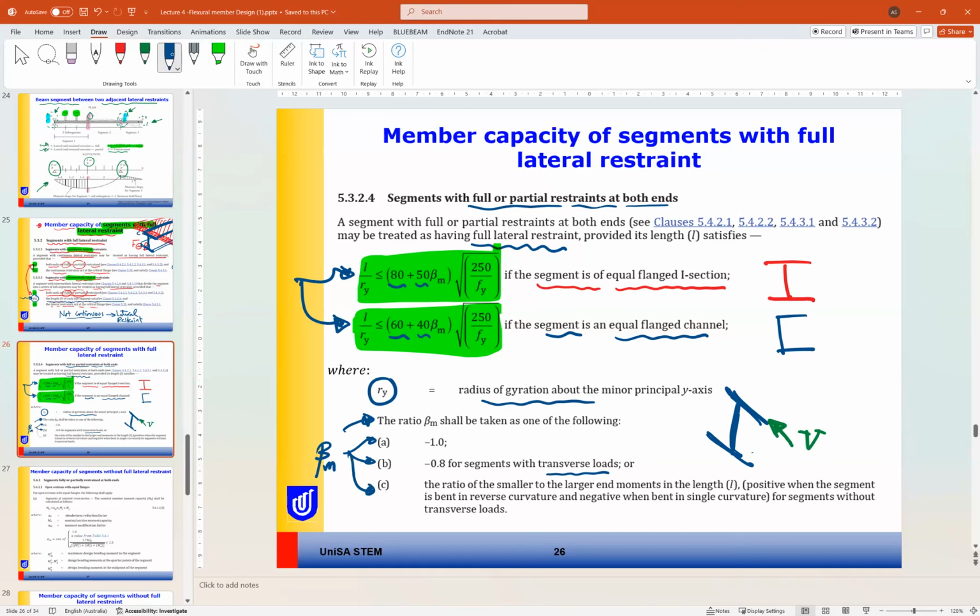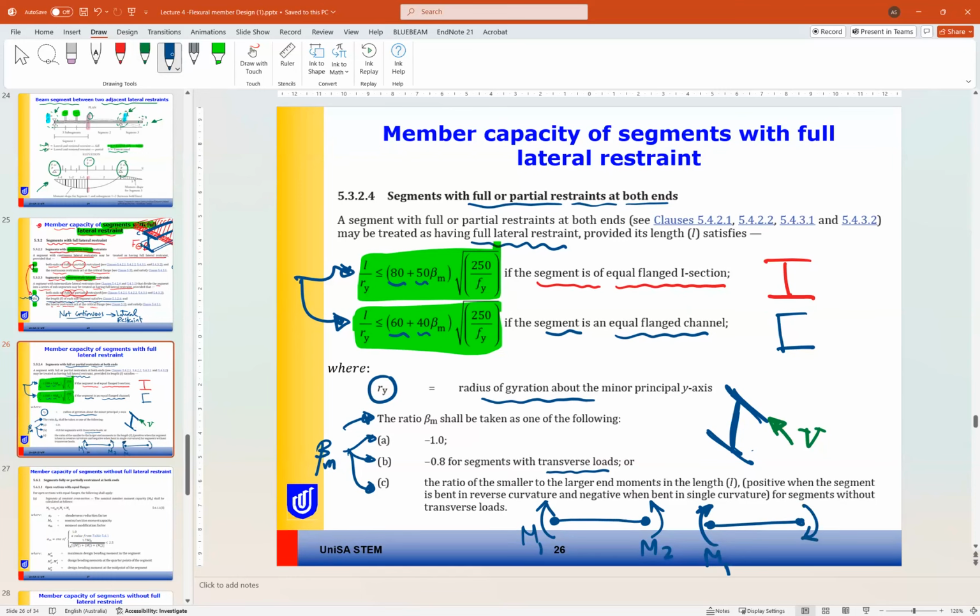Number 3 is the ratio of the smaller to larger moments in the length L, positive when the segment is bent in reverse curvature and negative when bent in single curvature, for segments without transverse loading. So if you have, I think you have seen this before, M1, M2, and M1, M2.